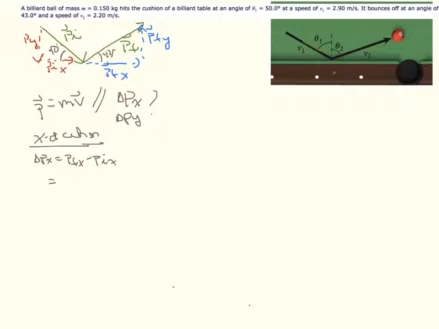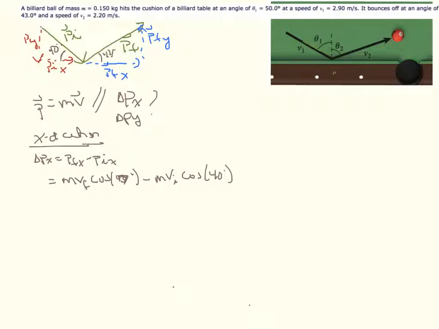So in the final in the x, my mass stayed constant, and so I have a final velocity times the cosine of that angle, 47 degrees. And in the initial, I had that same mass, but now a different initial velocity, and again I'm using cosine of 40 degrees.